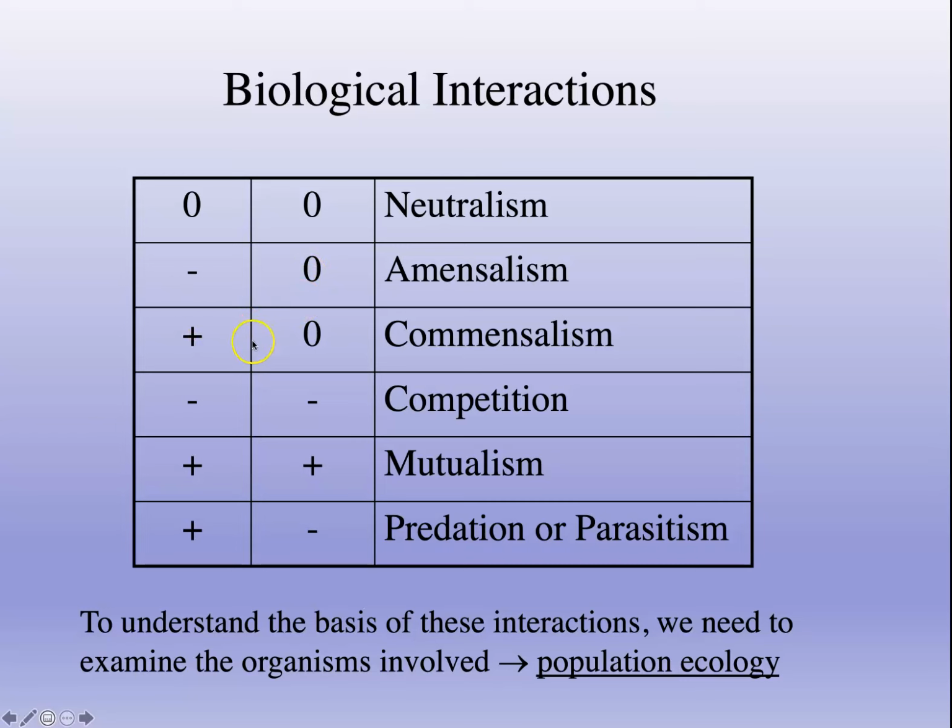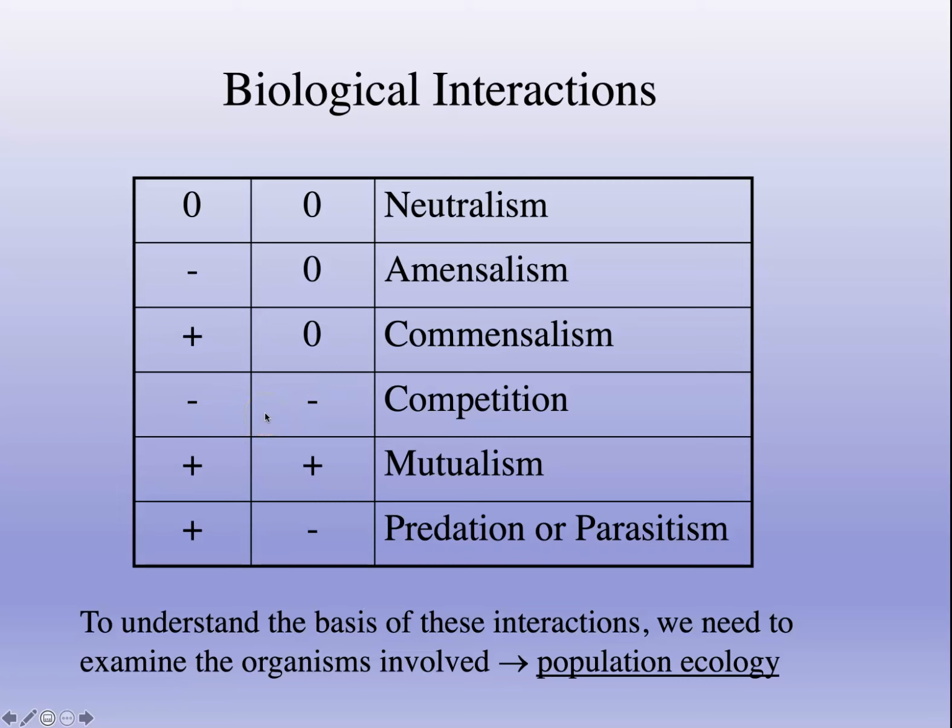Commensalism, below that, is a situation where one species doesn't care that the other is present, but that other species is benefiting by the presence of the other species. So one gains, the other doesn't care. Competition is a situation where both species lose by the presence of the other.